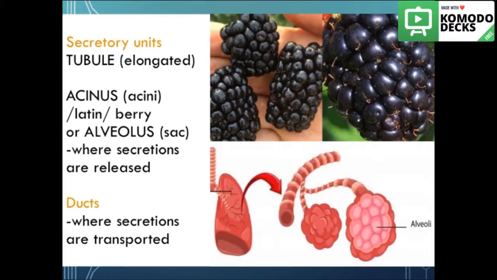And the alveolus is like the air sacs in the lungs, for example. This is where the secretions are released, so this is the morphology of the secretory cells. The ducts are the system where the secretions are transported.